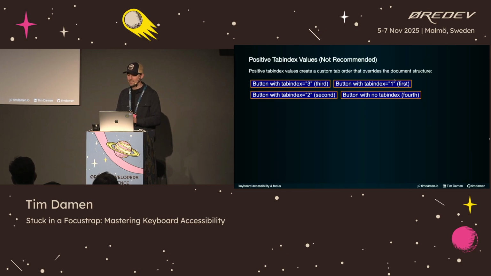And that's also when we are getting to the plus values of tabindex. With the plus values, it's like the Wild West of tab orders, because you can mess up things really quickly, and you can basically come up with your own tab order, like so.